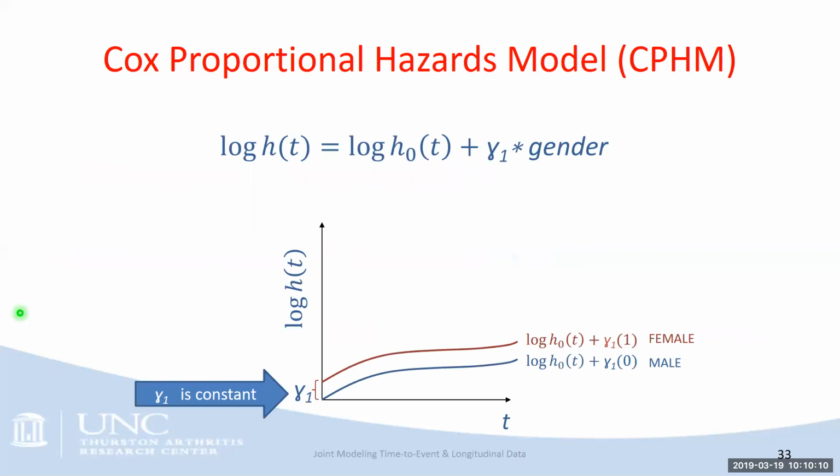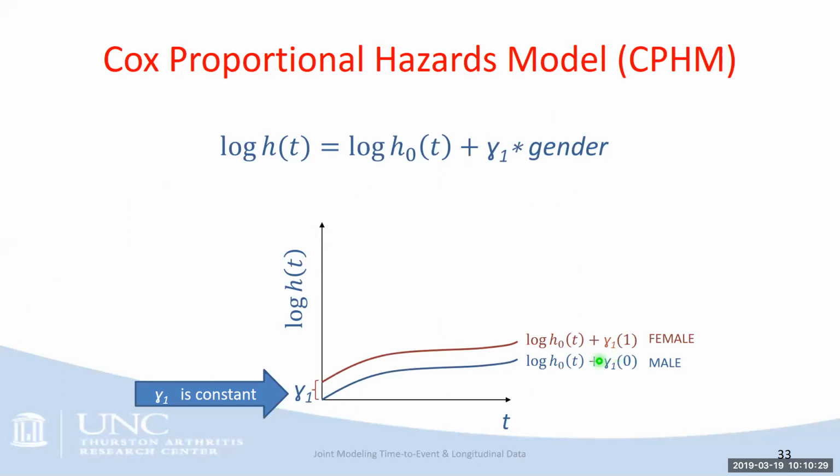And so if I go back to the same example, and let's just use gender, we can plot this in a very simple way. If I did have gender as my only explanatory variable here, and I plot time on the x-axis and the log hazard on the y-axis, this is what I should expect to see.